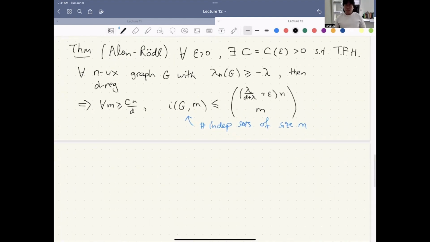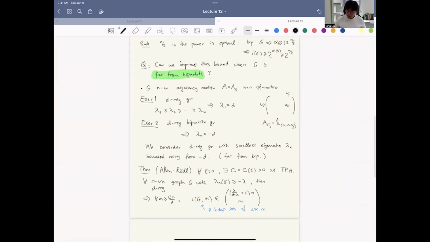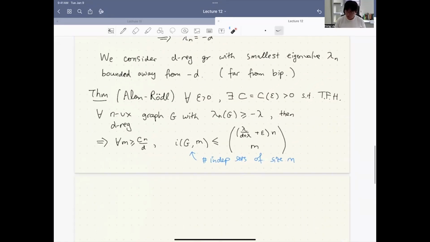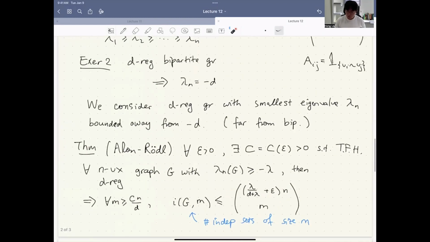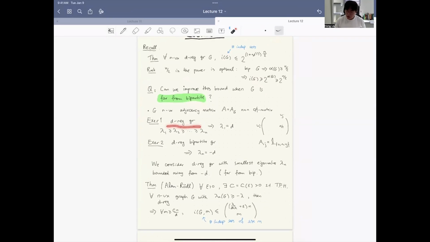So first, I will leave it as an exercise for you to show that this theorem implies the bound that we have above. So this is a stronger theorem. All we need is that for any d-regular graph, λ_1 is d, and λ_n is at least negative d, with equality when the graph is bipartite.